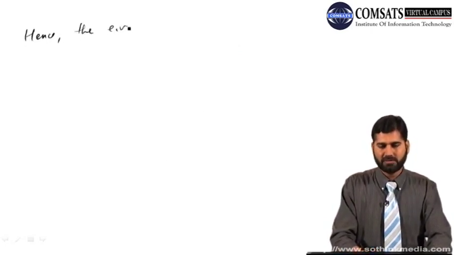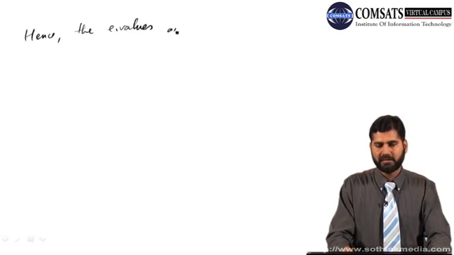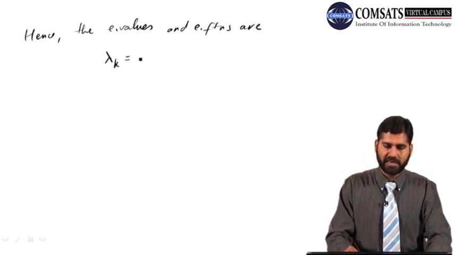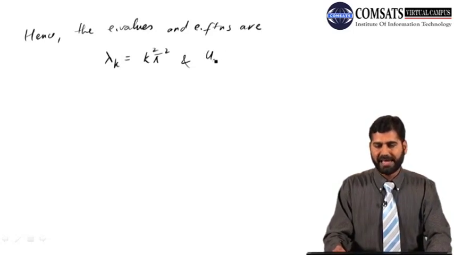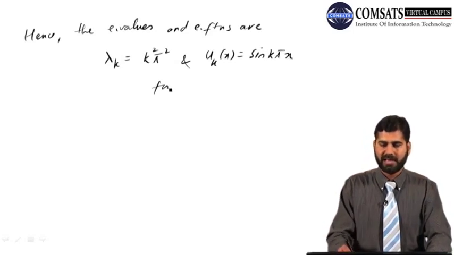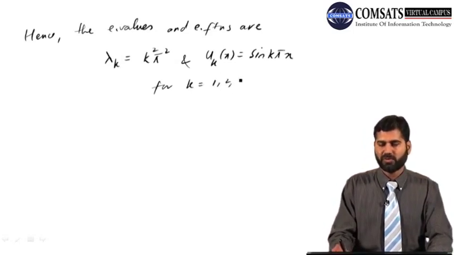Hence, the eigenvalues and eigenfunctions are lambda k equal to k squared pi squared, and u k of x equal to sine k pi x, for k equal to 1, 2, 3 and so on.